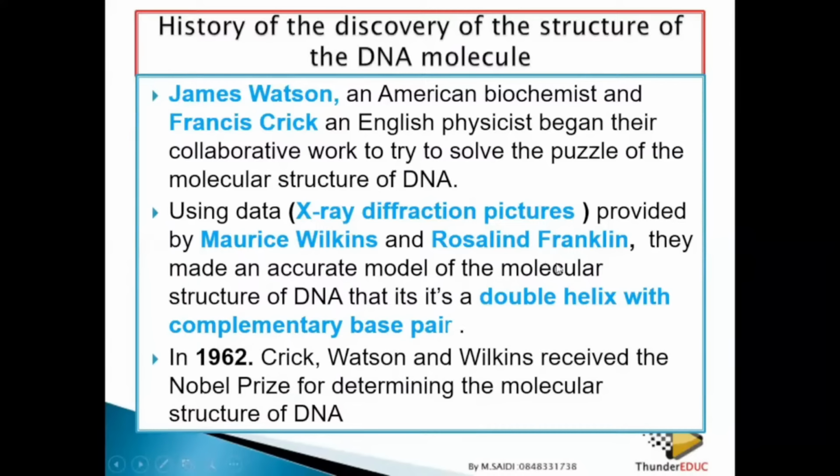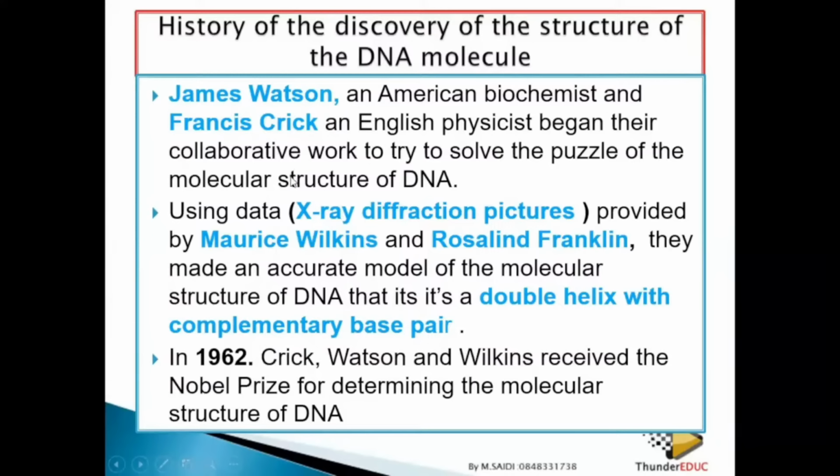But if Rosalind Franklin had been there, she would have obtained a Nobel Prize instead of Maurice Wilkins. Why? Because Rosalind Franklin did a greater job than Maurice Wilkins, who just took her information to James Watson and Francis Crick.